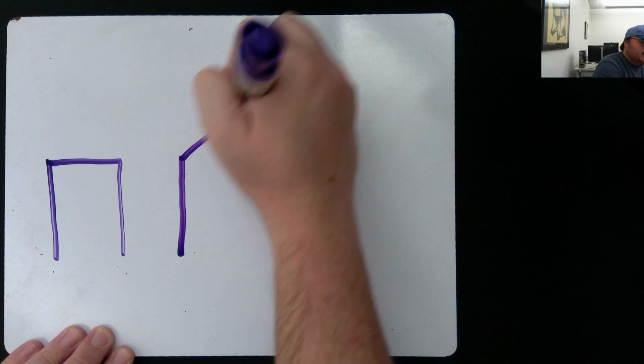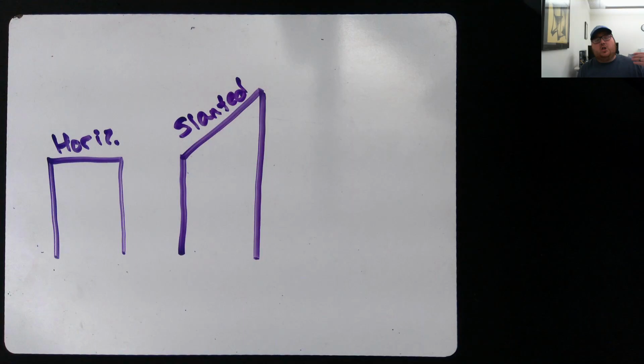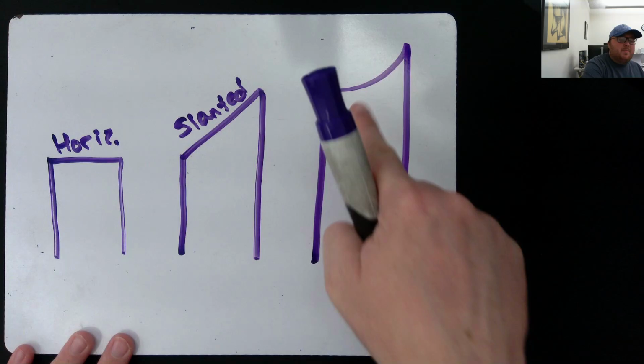So this is just a horizontal line. This is a slanted line. What Simpson's rule is going to do is instead have a parabola. So it's going to look something like this. The parabola is going to make us be even closer. Okay, that's what Simpson's rule is going to do.